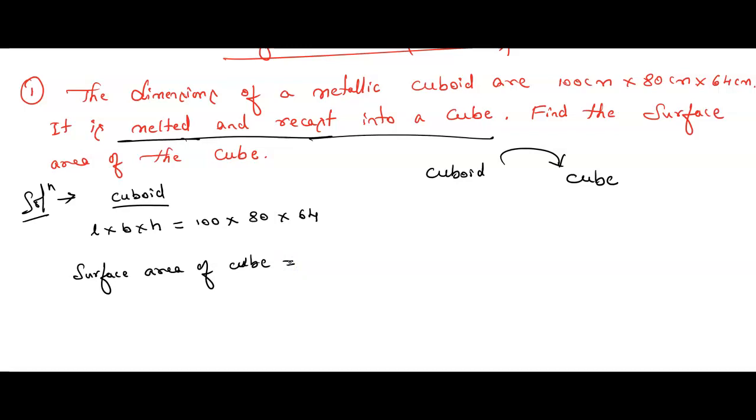So what is the formula to find the total surface area of a cube? 6 into side square. Now the side we can take as A units or X units, it depends upon you. Understood? But here let me write, let A be the edge of the cube.